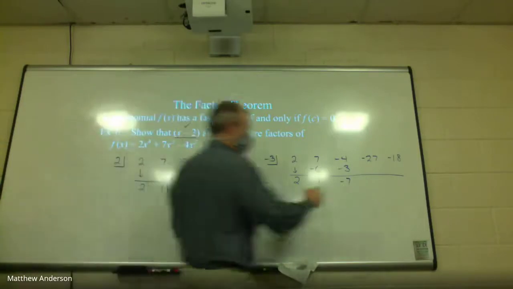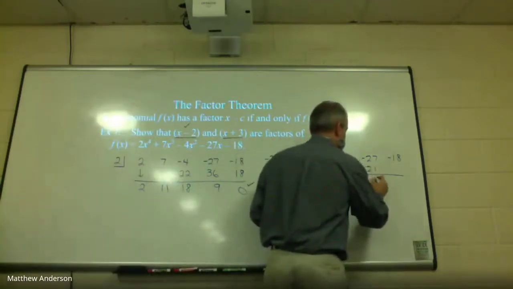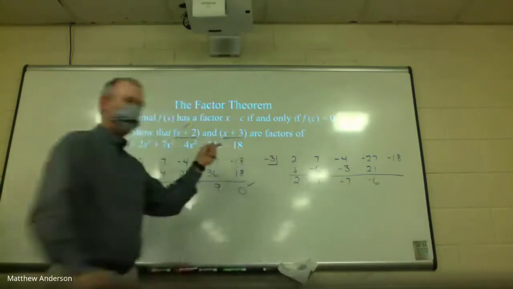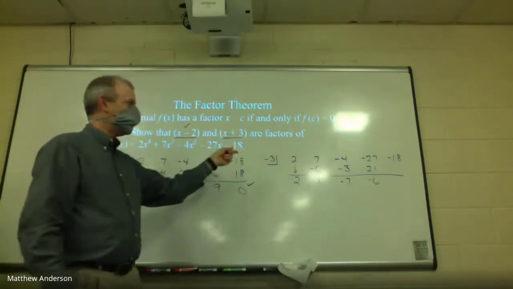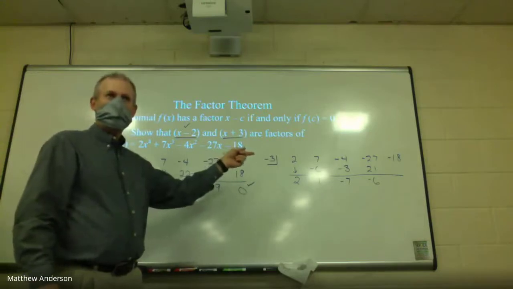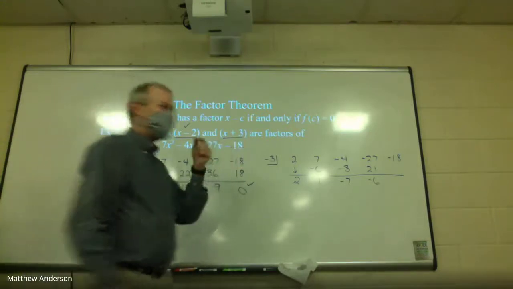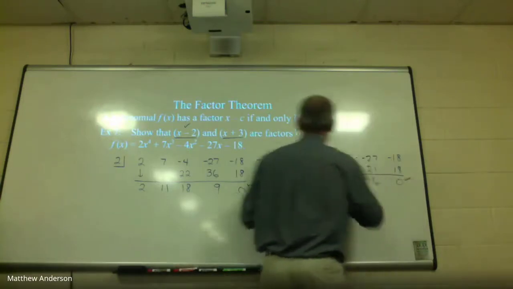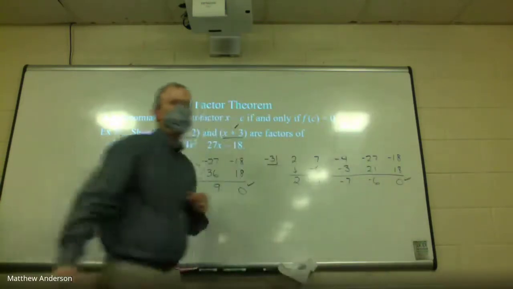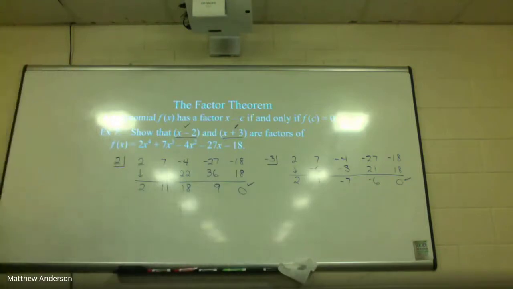Positive 21, that's correct. And then -6. And -6 times -3? -6 times -3 is? 18. Positive 18, which is what it needed to be, right? Because we add that, we get 0. So 0 tells us, yes, this is a factor also.